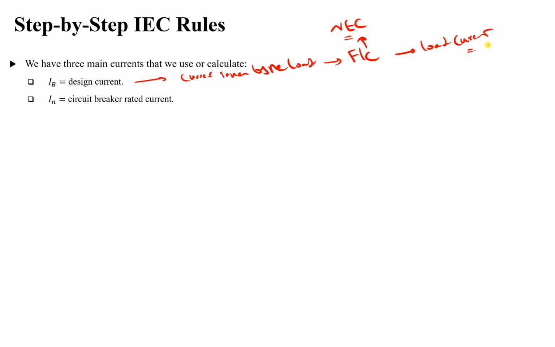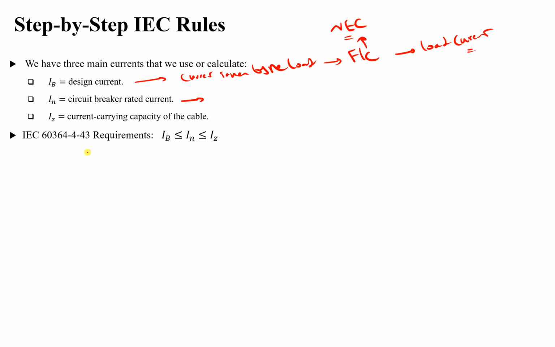Second one is called IN, the nominal current, or the circuit breaker rated current. So this is the current rating of the circuit breaker that we are going to select. And the third one is IZ. This is the current carrying capacity of the cable, the current rating of our conductor or cable that we are going to use.